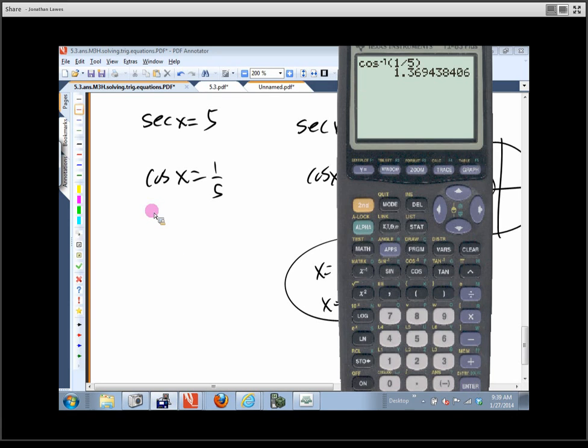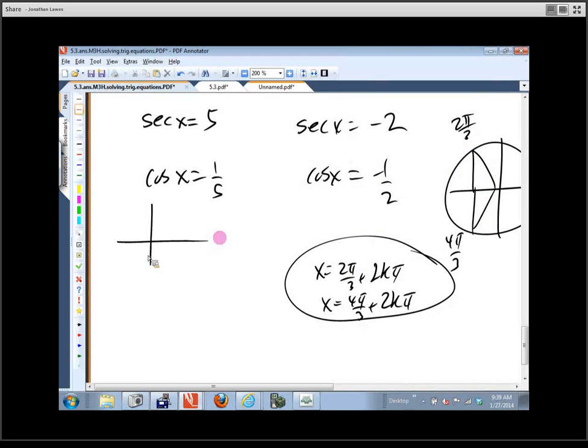So let's think about that for just a second. 1.36, this is 0, this is 1.57. 1.36 would be about right there. Does that look like it would have a pretty small adjacent side, a pretty small x coordinate? Yep. Okay. So this is 1.36 radians.